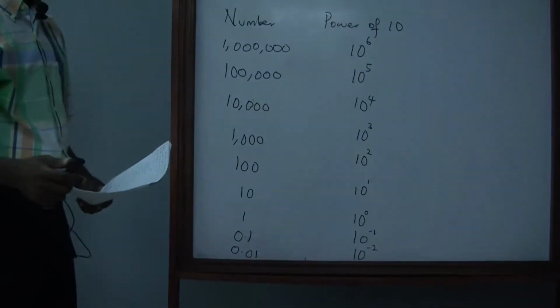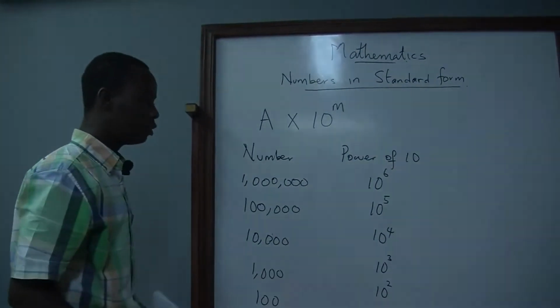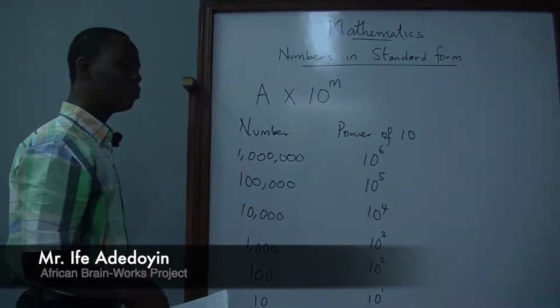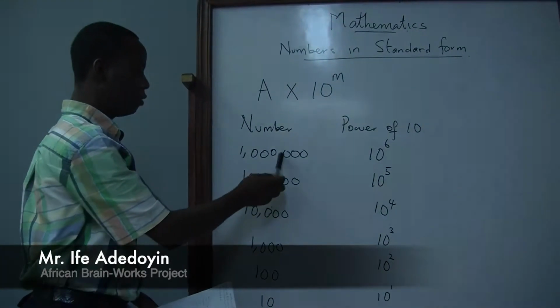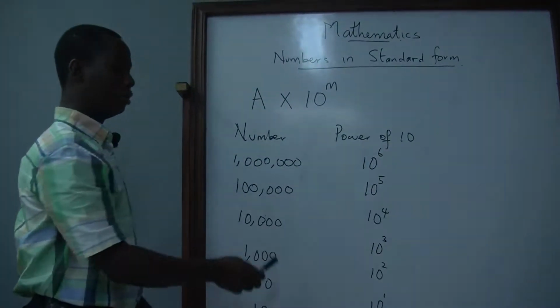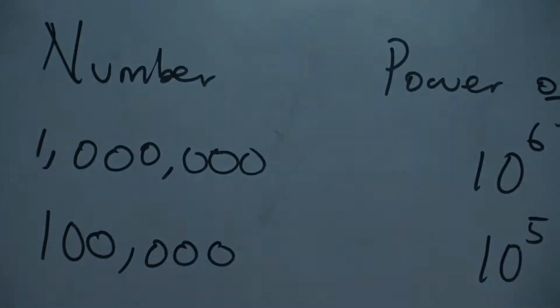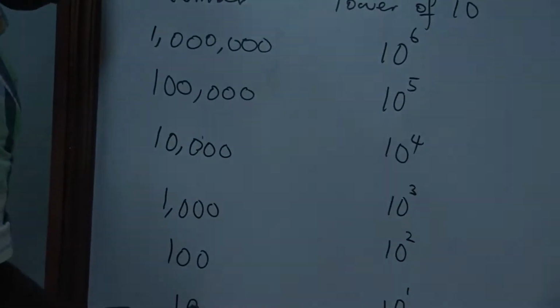Now, for easy accessibility, how do I know the power that each of these 10s will be carrying? Simple. It is just the number of zeros we have behind it. Like here we have 1, 2, 3, 4, 5, 6. Here 1, 2, 3, 4, 5. 1, 2, 3, 4. 1, 2, 3. 1, 2, 1.